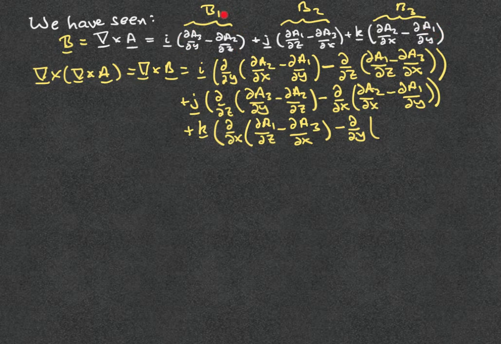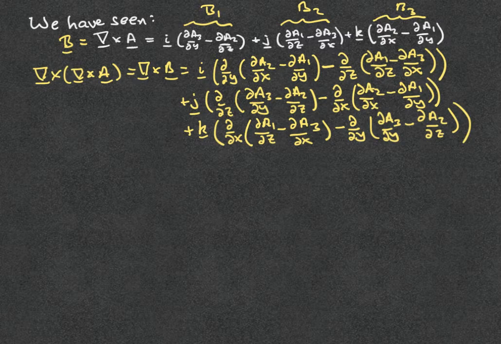This is B1, so it's dA3 dy minus dA2 dz. So I think that's quite elegant, and if you're not sure that you completely believe it, you can just write out the curl again of this expression and use for the bottom row in the determinant this set of coefficients. And this is what you will obtain.